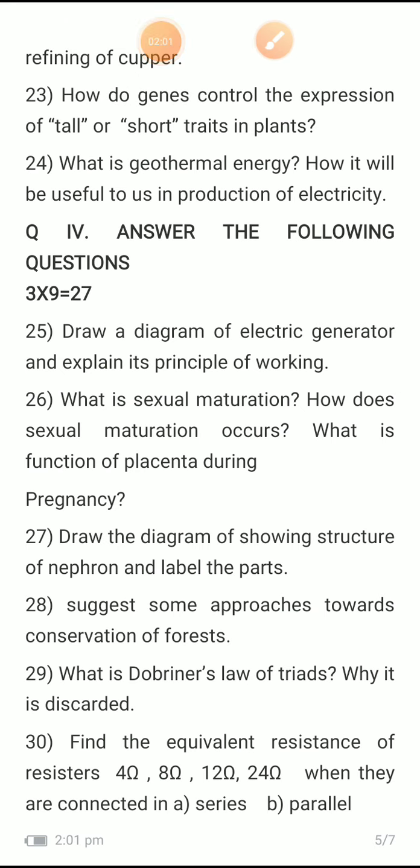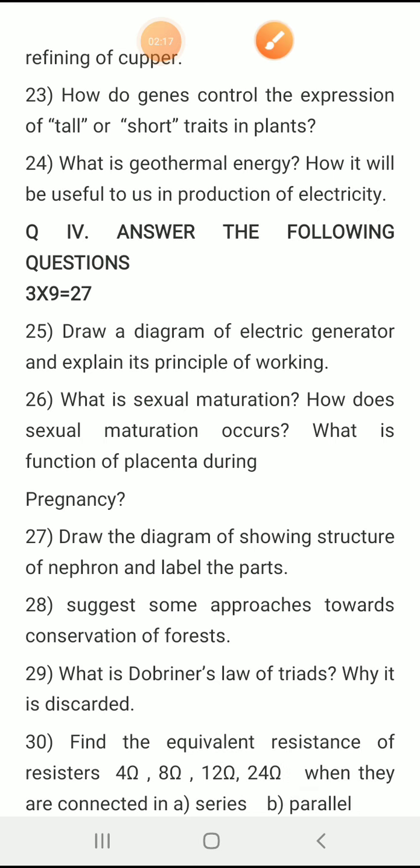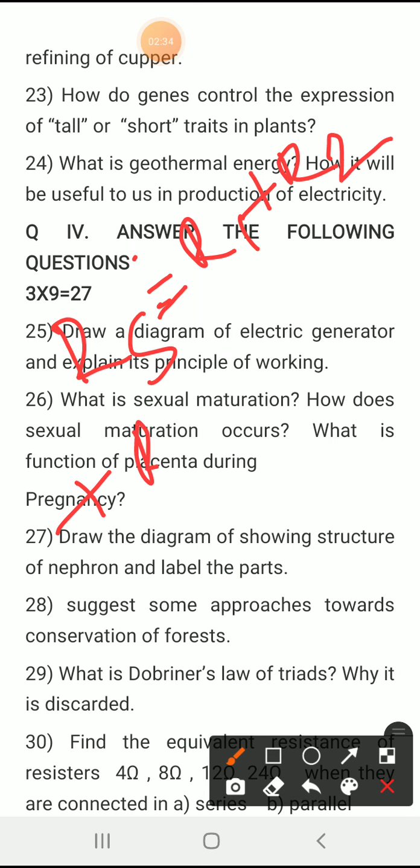Children, for equivalent resistance in parallel, we know the formula: 1 by Rp is equal to 1 by R1 plus 1 by R2 plus 1 by R3 and so on. Let's try to do this problem. Sorry, first for series we know that Rs is equal to R1 plus R2 plus R3 and so on, right?